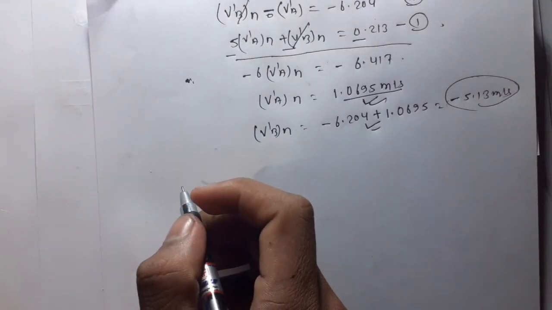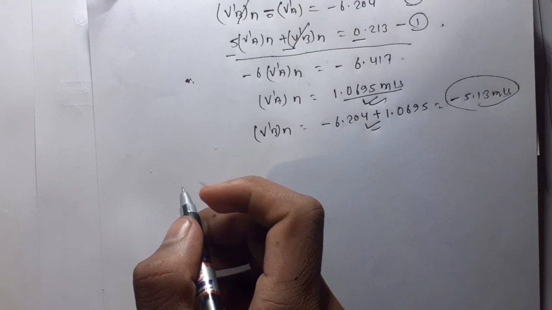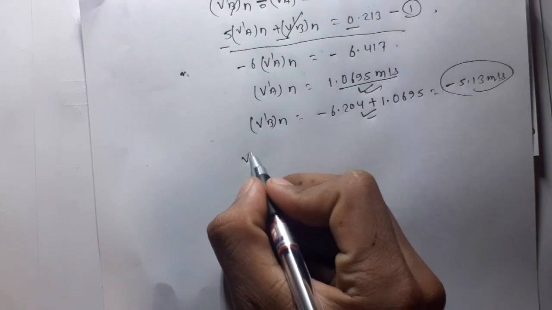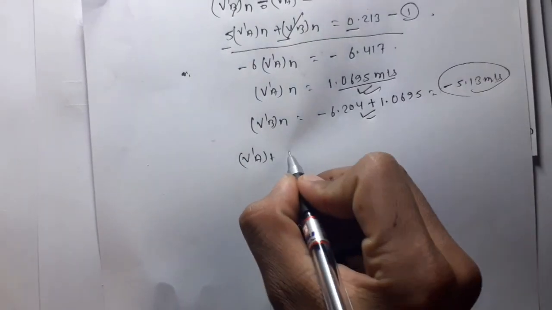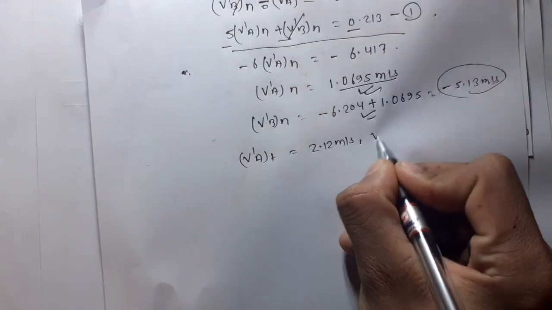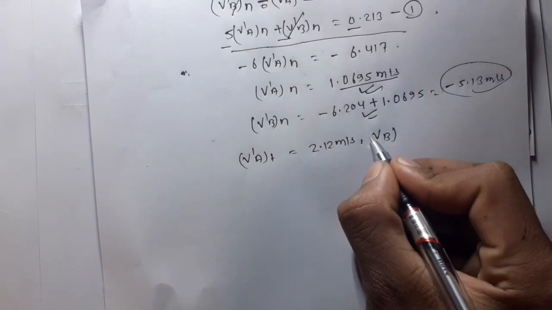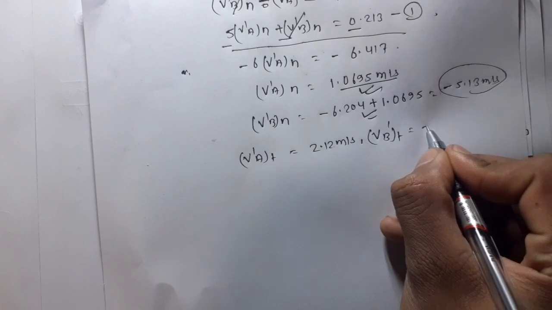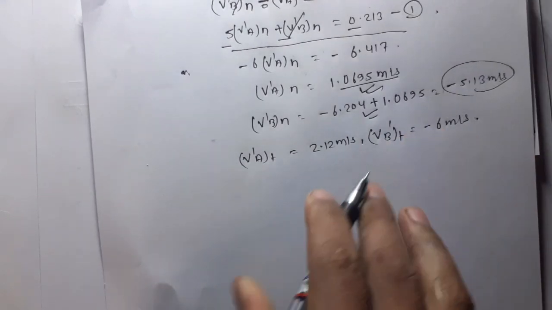Now we have to find the direction of the velocity of each ball. So we have v'AT equal to 2.12 meters per second, and v'BT equal to minus 6 meters per second.